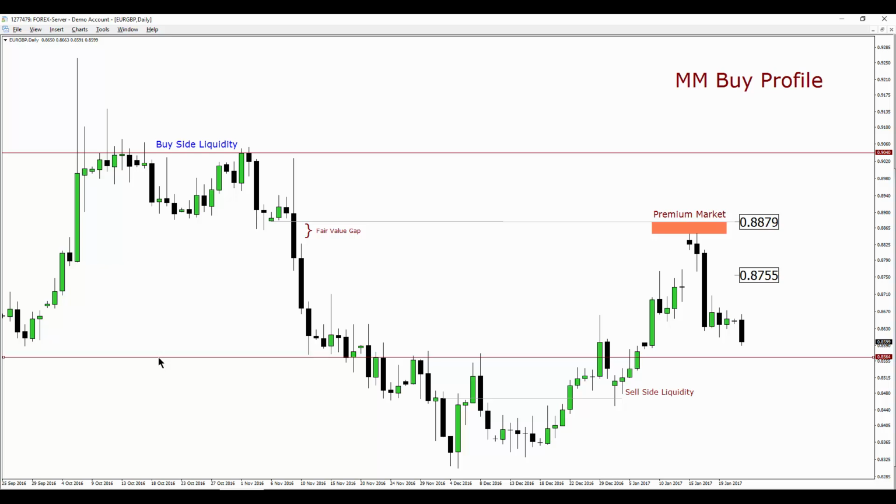We have the mean threshold of this down candle, and I'm eyeballing it, so it may be a little off. Just to save time, I'm eyeballing it, not using the fib. So we could use 85.65 as a mean threshold. Below that, we're going to be looking for sell side liquidity below the body of that candle right here, and that comes in the form of 84.97. So 84.95, sell side liquidity rests in the marketplace.